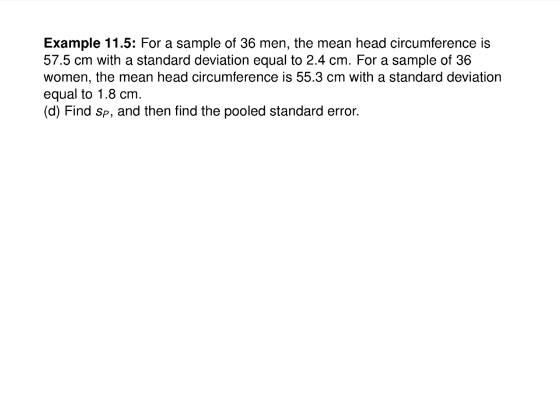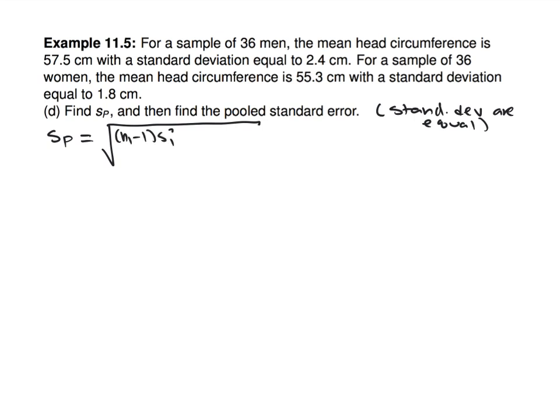Find the pooled standard error. Note that the assumption here is that standard deviations are equal. And you do a kind of weighted average thing. So n1 minus 1 times s1 squared plus n2 minus 1 times s2 squared, all over n1 plus n2 minus 2.